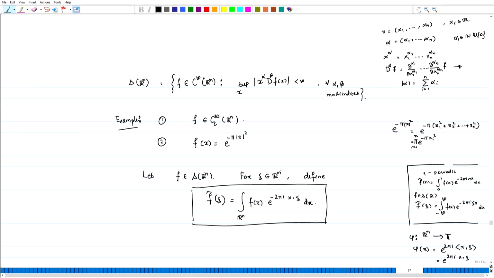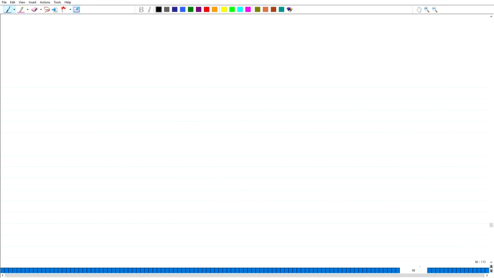So, easily one can see that mod of f hat of xi is less than or equal to the integral over R^n of mod of f of x, and e to the power 2 pi i x dot xi has modulus equal to 1. So, therefore, this is dx.